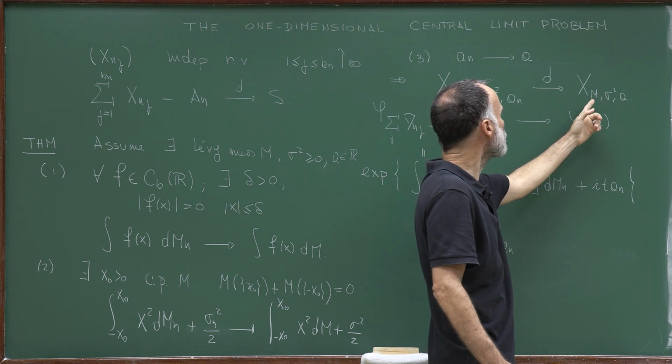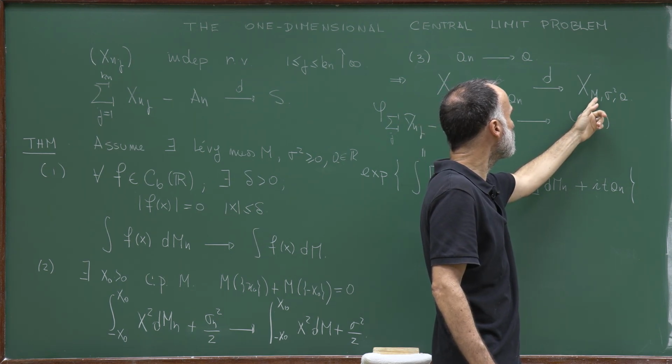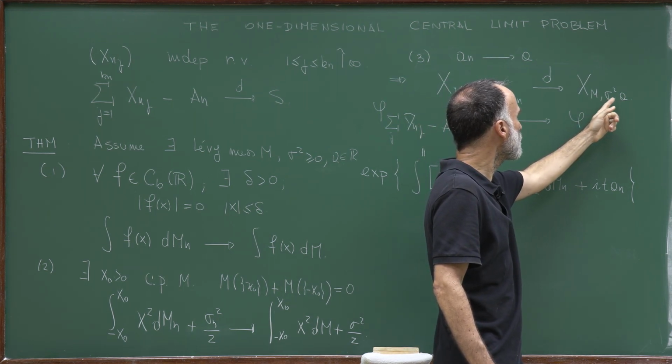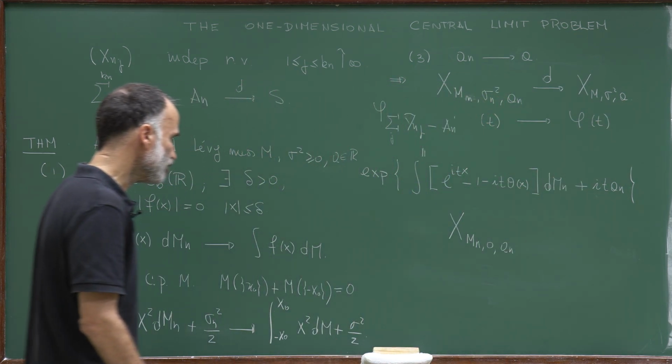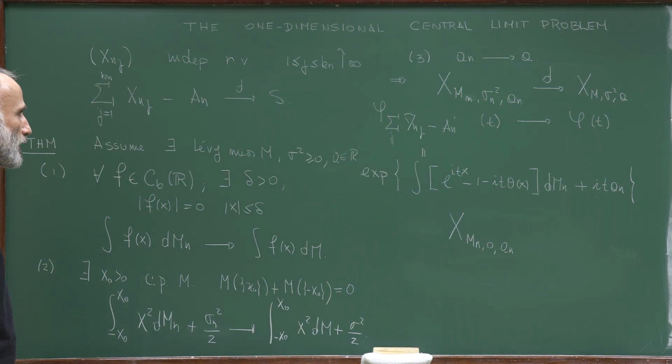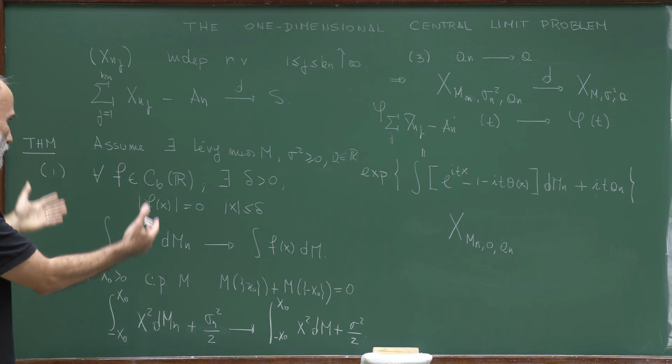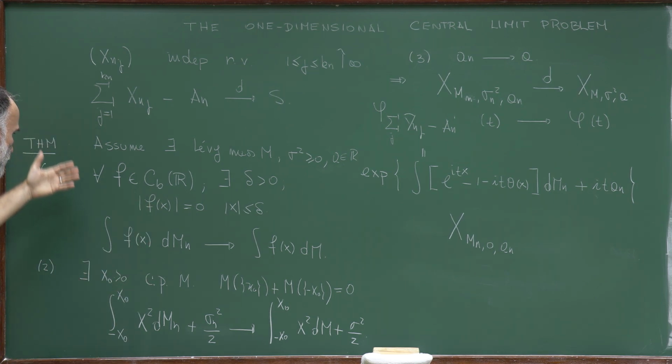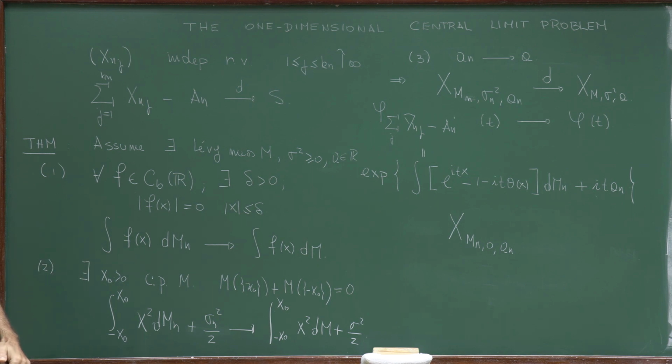So the distribution which is associated to the Levy measure M, to the constant sigma square, and the constant A, to this triple. Therefore, this theorem completes the solution of the central limit problem.